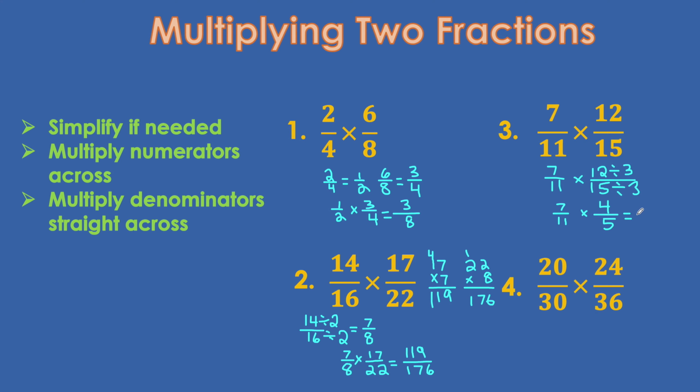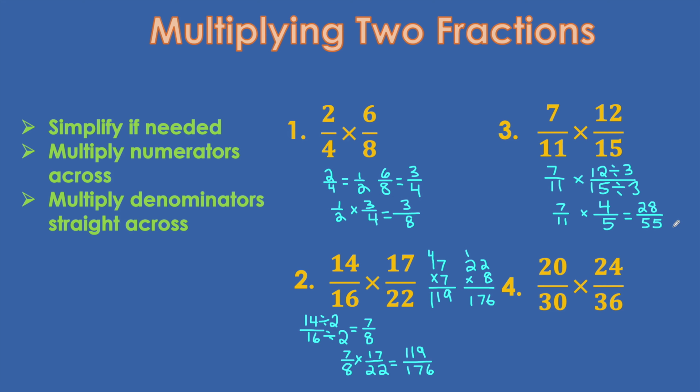Now we just multiply the numerators across. 7 times 4 is 28. 11 times 5 is 55. And that is our final answer, 28/55.